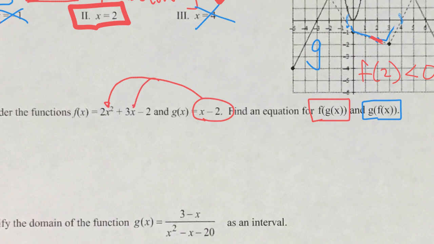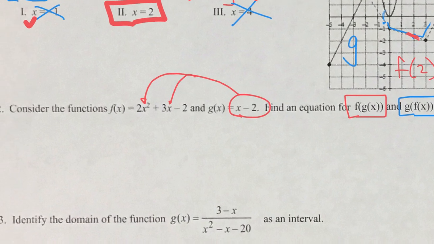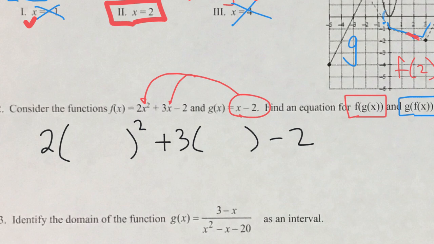So that's what our first one says: everywhere that we see an x, we're going to replace that with x minus 2. So this is what it means to have f of g of x. We are replacing the g equation into the f function. Okay, and we'll math it out in a second.